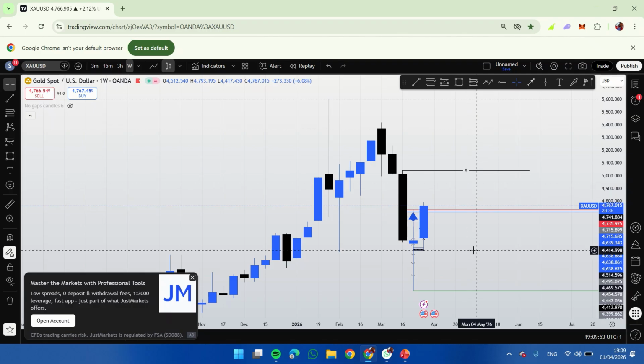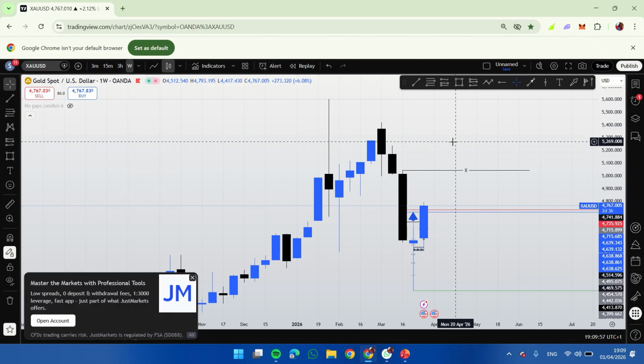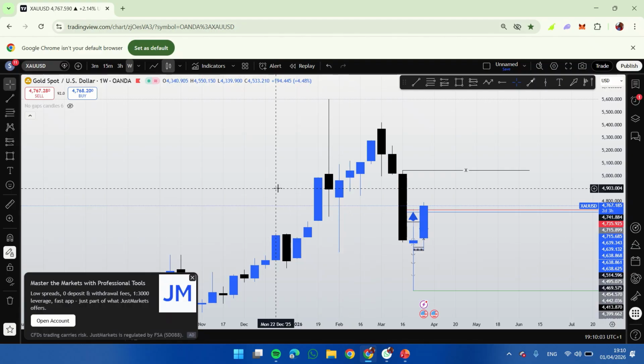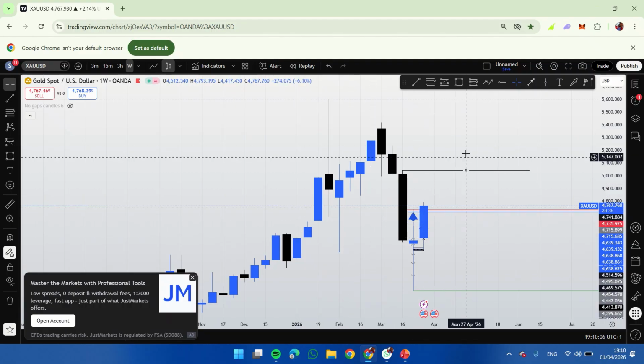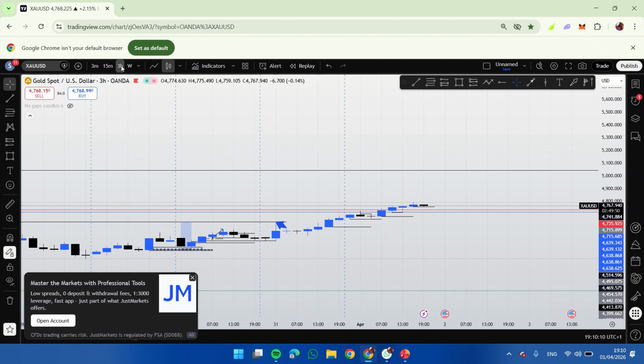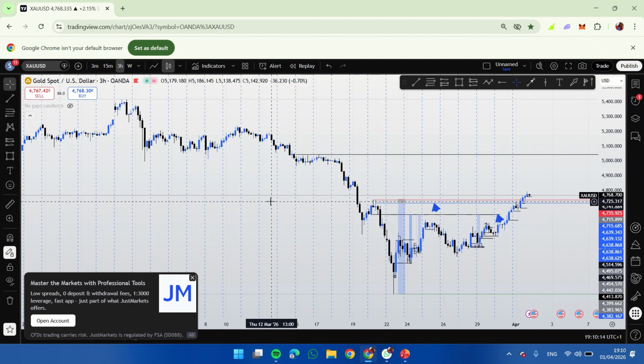So this is where I'm anticipating price to at least reach before we continue down or up, which we don't know yet. We know that now we are bullish. So if you want to be taking trades daily, you'll be looking for more buys, at least for this week.